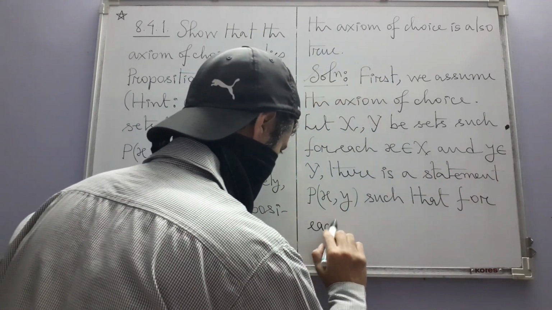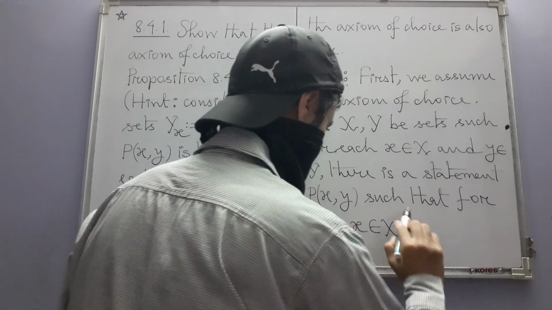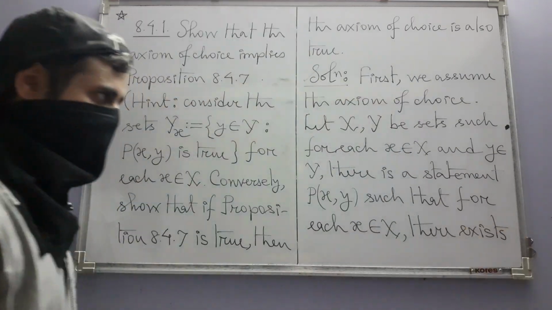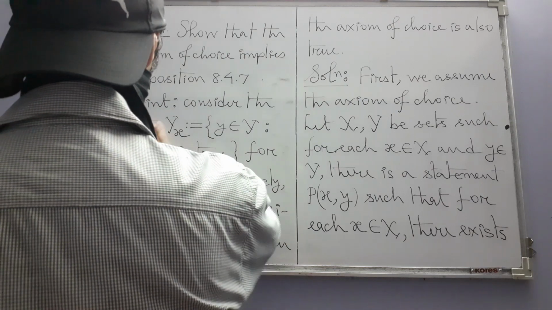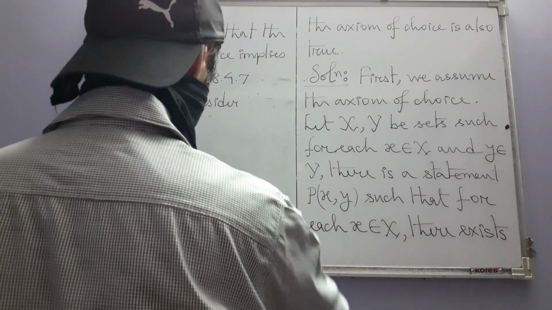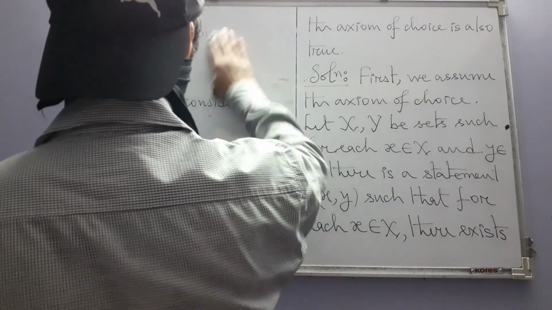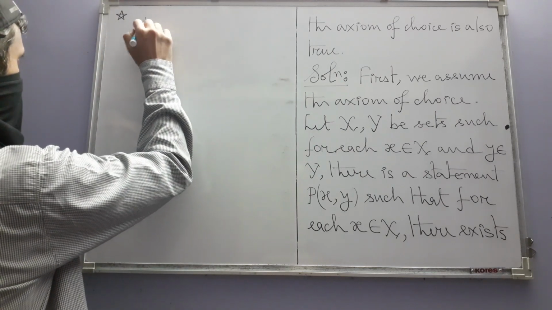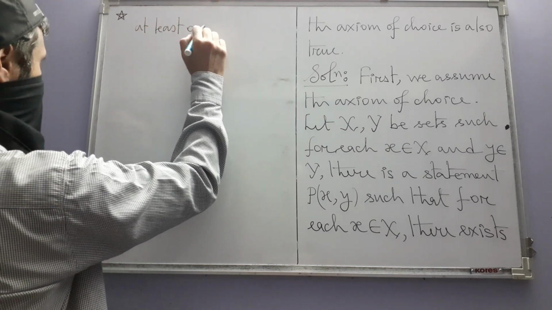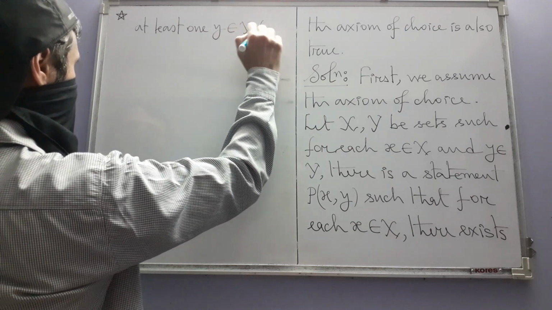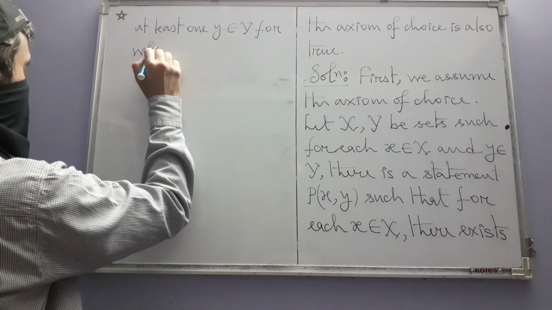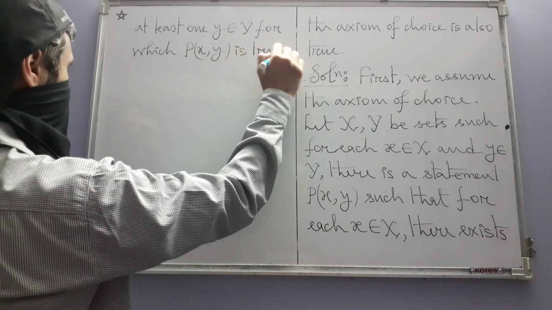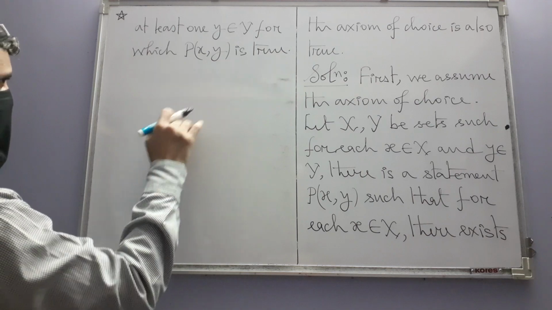For each x in x, there exists at least one y in y for which the statement p is true.